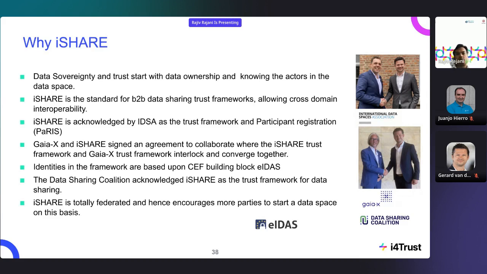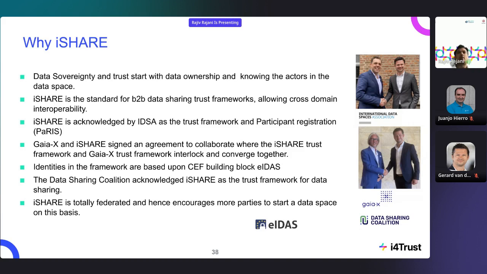iShare is also in collaboration with IDS. In the IDS RAM, we are making contributions in terms of how the iShare framework has been defined, and IDSA components or IDSA architecture is being brought in or updated to reflect the components that are there in the framework.